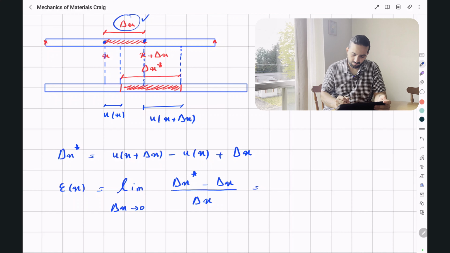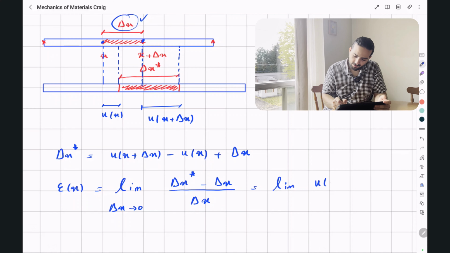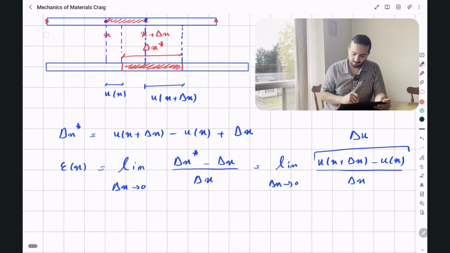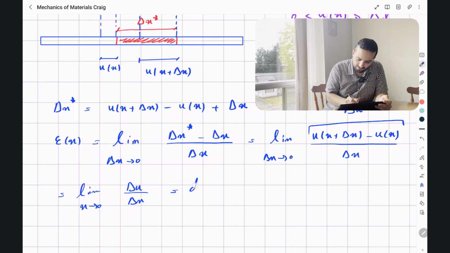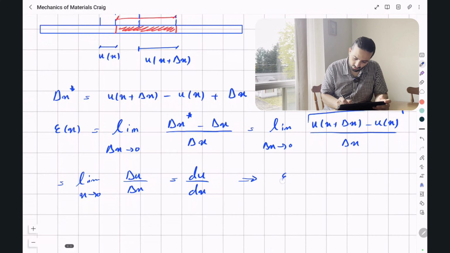So this will be limit of Ux plus delta x minus Ux divided by delta x when delta x approaches 0. So we can call this delta u, and this will be limit of delta u over delta x when delta x approaches 0, or du over dx. So our epsilon x will be du over dx.